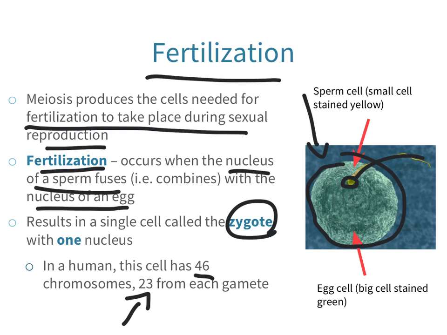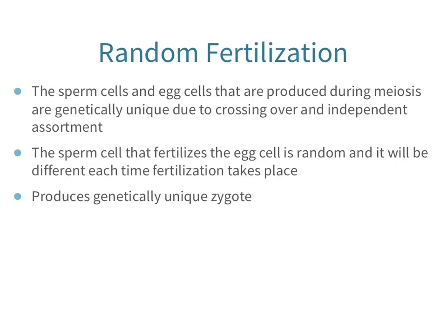So now, I want you to imagine if you had a man and a woman who were going to mate here, the man can make 8 million plus different sperm cells, and the woman could make 8 million plus different egg cells.